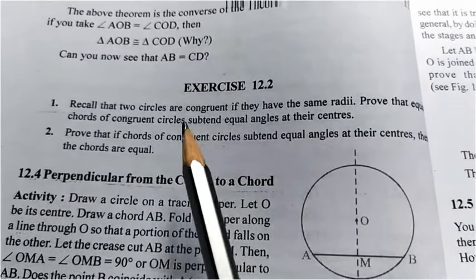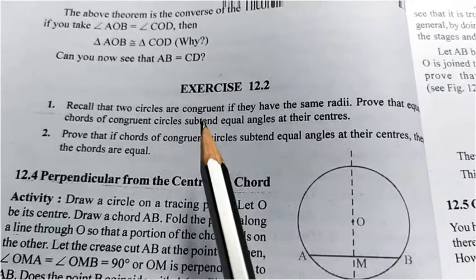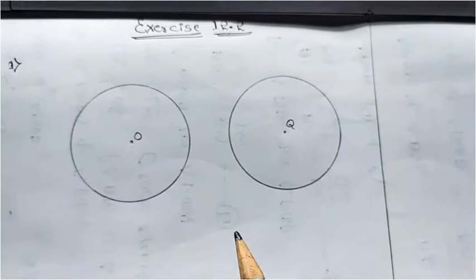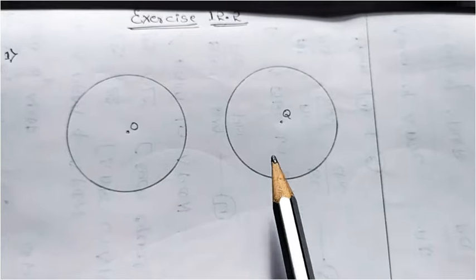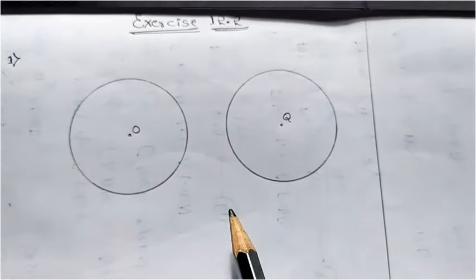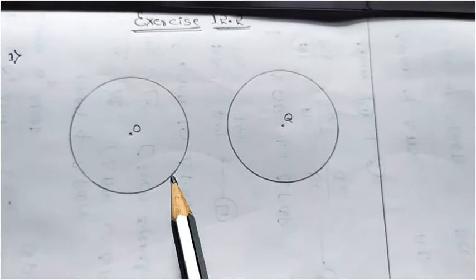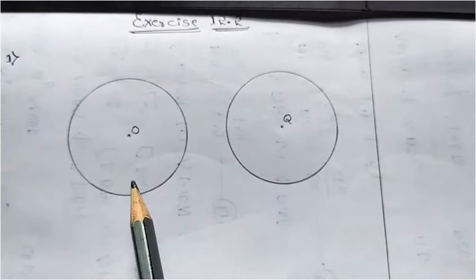Let's take two congruent circles, which means exact same circles. Draw two circles having the same radius; roughly draw them in your notes.